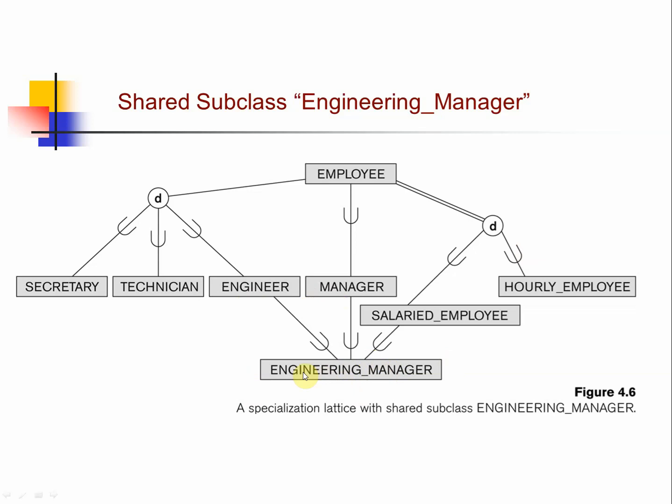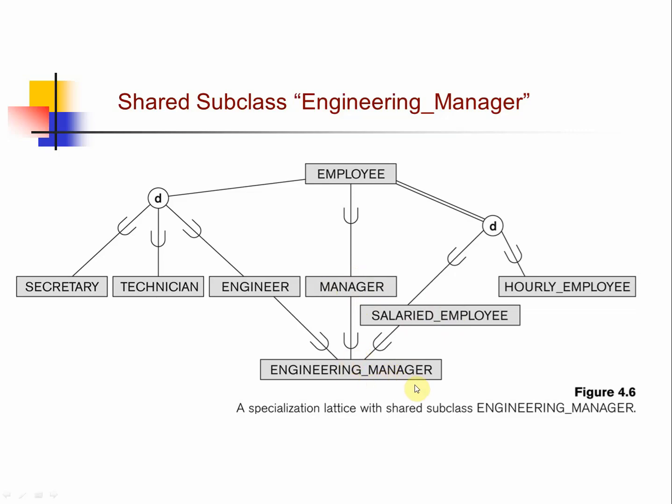If I'm asking what are the attributes describing the engineer manager, it will be all the attributes coming from the employee, plus the local attributes of the engineer, plus the local attributes of the manager, plus the local attributes of the salaried employee, plus the local attributes of engineer manager.